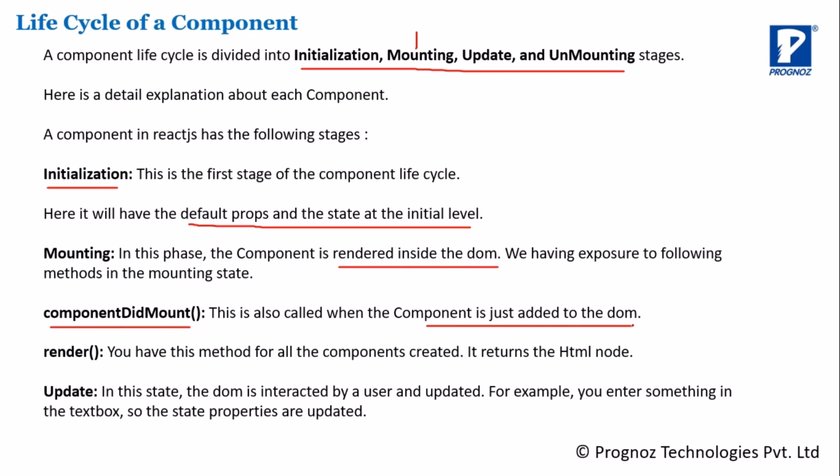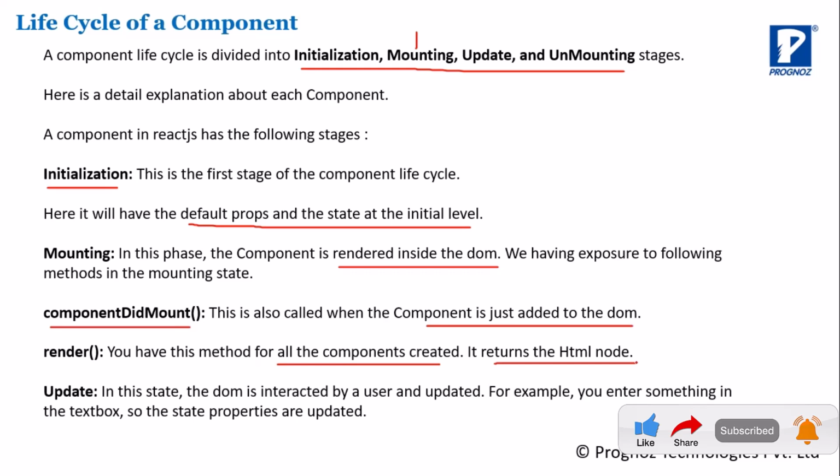If it is going to add the component in the DOM, that means the componentDidMount method is going to be called. And the render method, once all the component is created, it is just going to return the output in which format? HTML format. We are going to get the output.